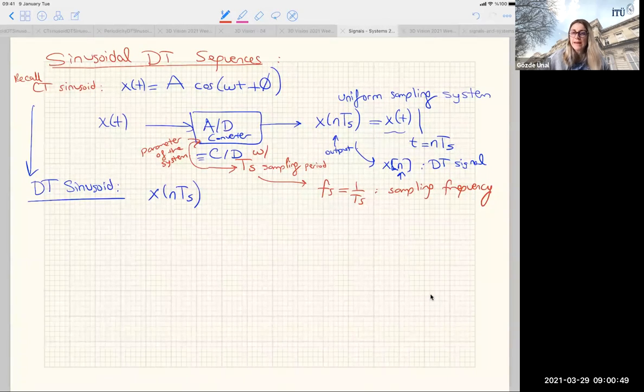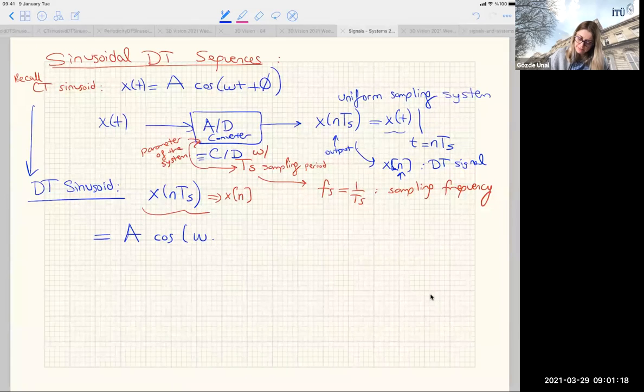And I can have the angular frequency version, remember. The omega s will be 2 pi fs. But okay, we will define it here. So now apply this operation to the input to get the output. Remember, this will become our x of n. So now let's do this math. This is equal to a cosine of omega times nTs.